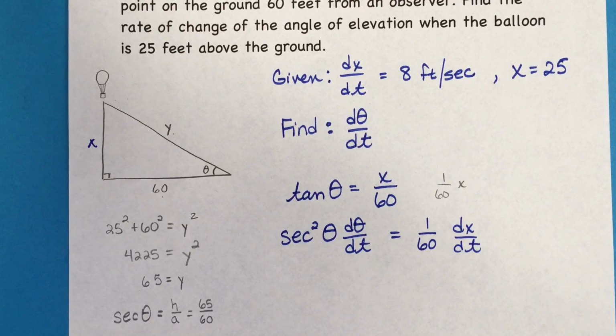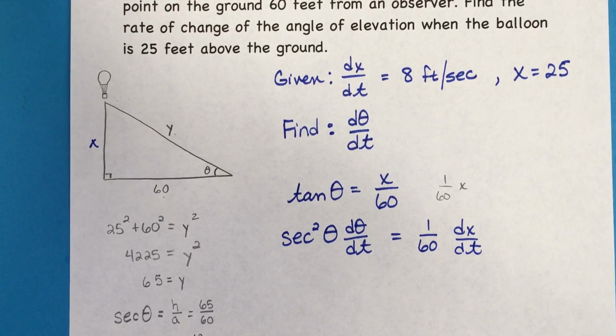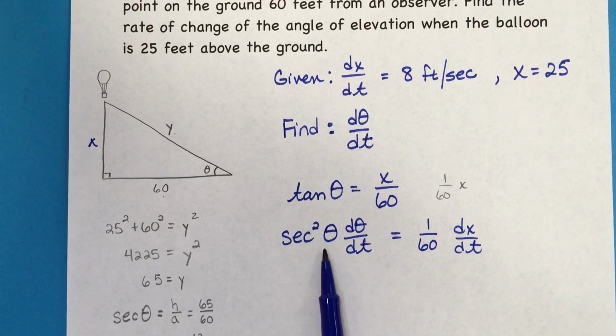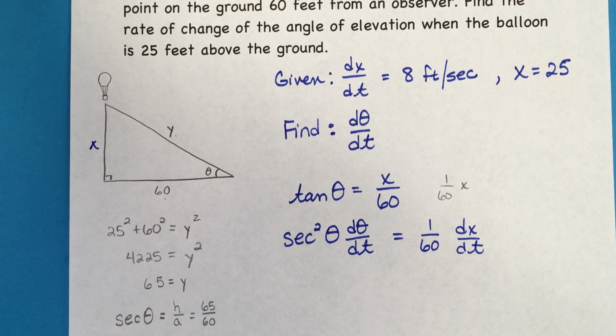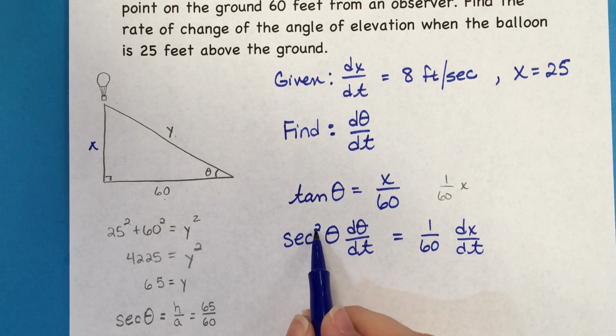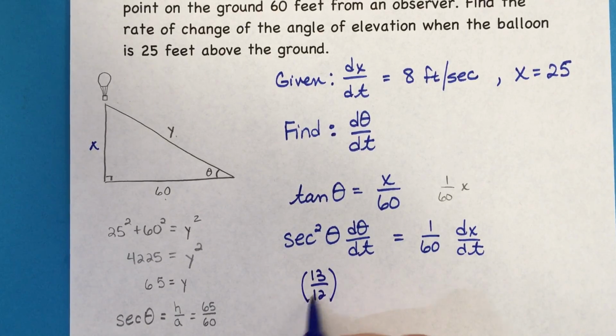And that's going to end up reducing to 13 over 12, okay? So I have a value that I can substitute for the secant theta. Like I said, that's what we needed to do, a little extra work to come up with. Now, whatever I plug in for secant theta, I do have to square it. So that's going to be 13/12 squared.